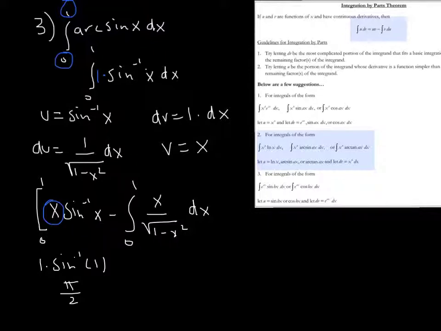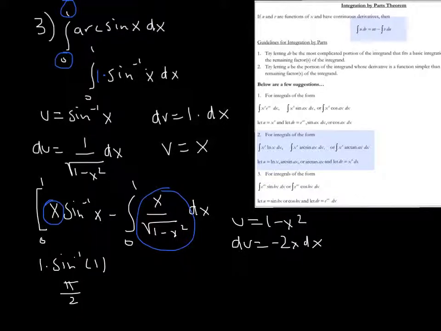Now we need to actually integrate this piece over here, and we can see that we can use a u substitution, and we learned that a couple lessons ago. So we're going to let u equal 1 minus x squared, and du is going to equal negative 2x dx.